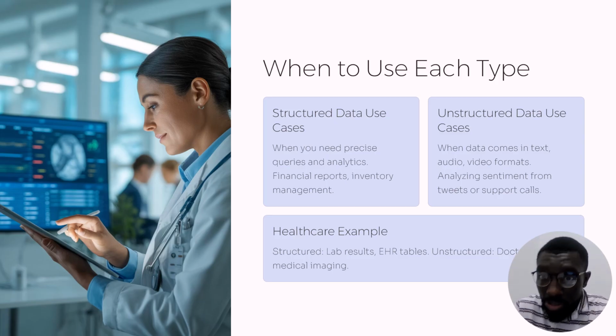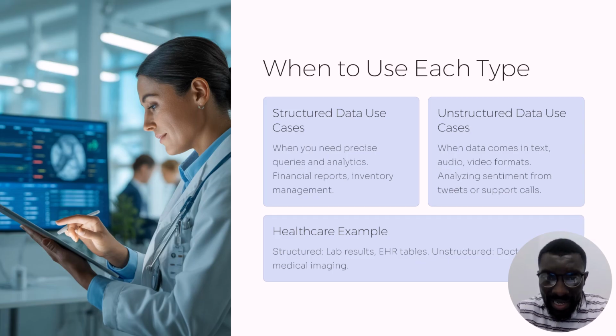And in the unstructured data case, we use that when it comes to text, audio, video formats, and analyzing sentiments from tweets or support calls. If we have a conversation on Twitter, you can use that for analysis to gauge how people are thinking. So that's actually how unstructured data works.